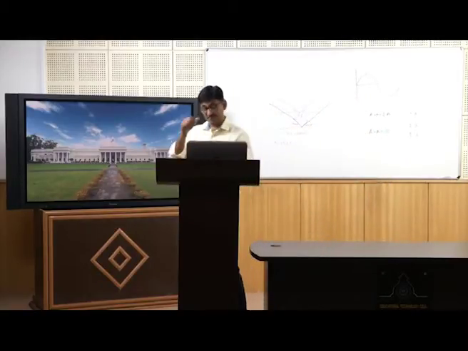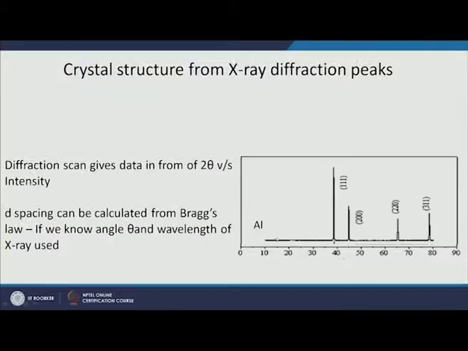One simple diffraction pattern is given here for aluminum, and the planes taking part in the diffraction are also given here, along with the angle at which they diffract. But please remember that this axis is in 2 theta. All these intensities and the planes taking part in diffraction are given.